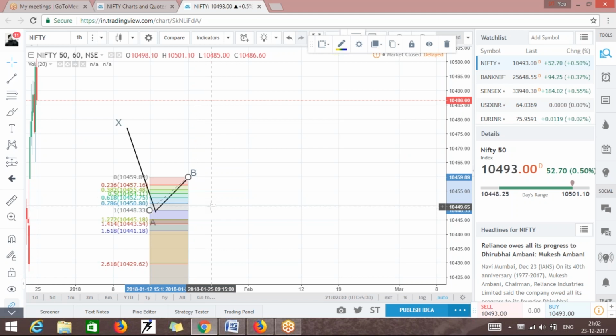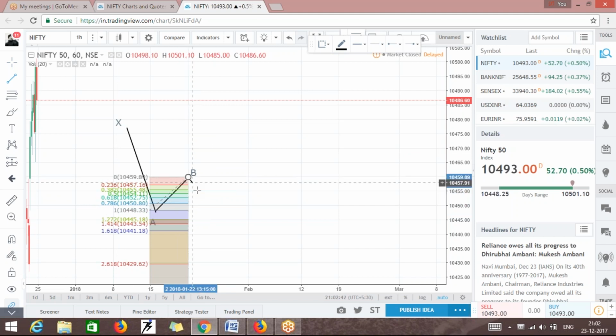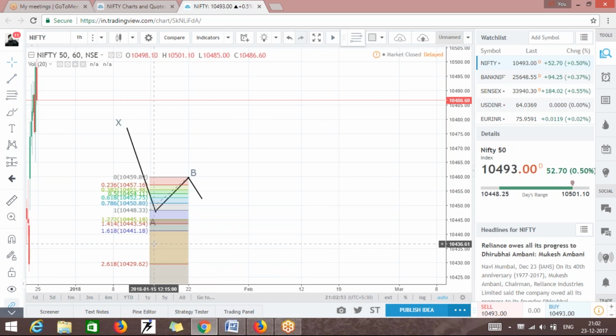Till this point the levels from 0.786 to 1 are valid. We would not take it to that level, we would take it to the 0.618 level. So this is the third point.